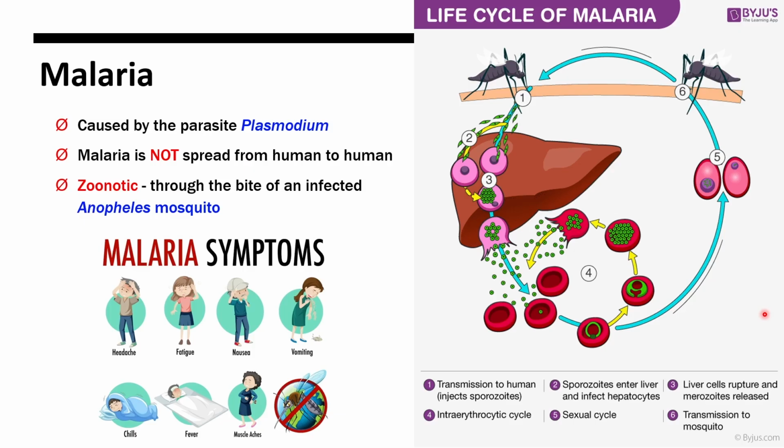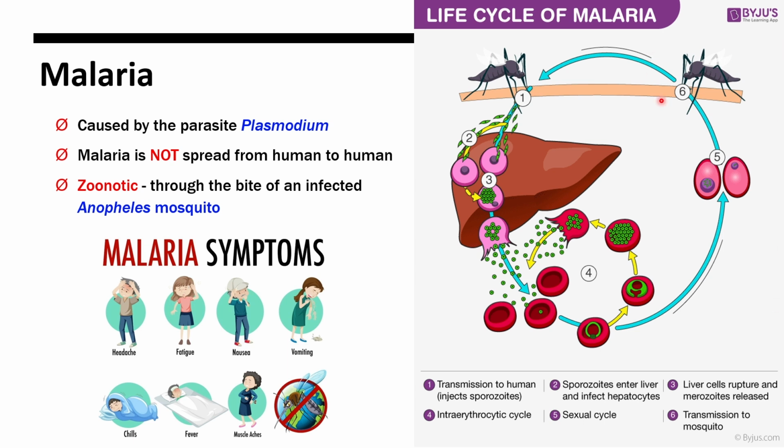The next disease that we are going to talk about, the communicable disease, is malaria. Malaria is caused by the parasite Plasmodium. So malaria is not spread from human to human. Instead, it passes by the bite of an infected Anopheles mosquito.